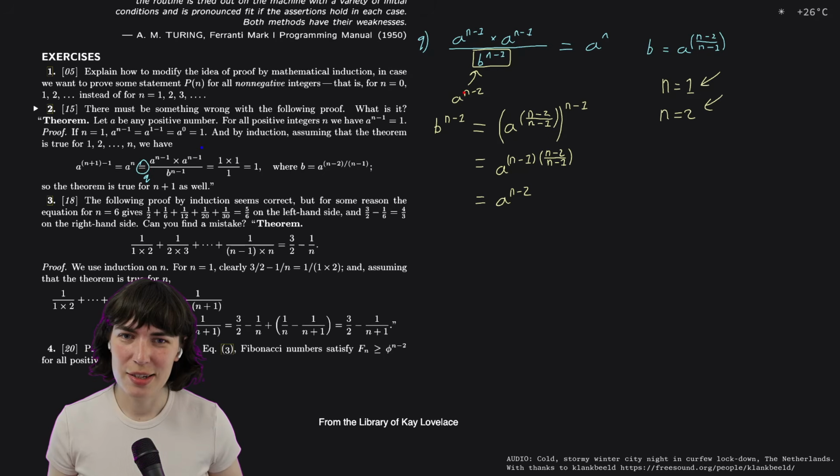We then get, what have I done wrong here? We then get, in the case where n is 2, this potentially being a to the power 0.